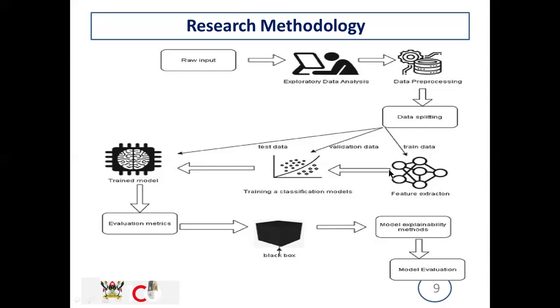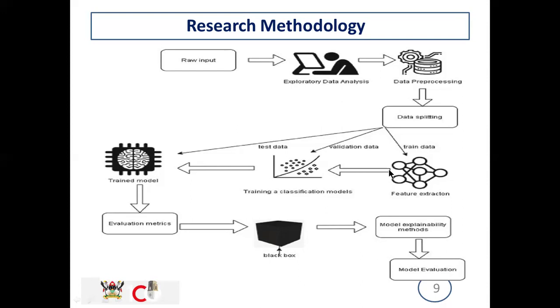So we had to split our data. We split it into training data, validation data, and test data, and we used the training data to do the model training. So we trained the model using the ResNet50 model architecture, and then we had to evaluate our model using evaluation methods.